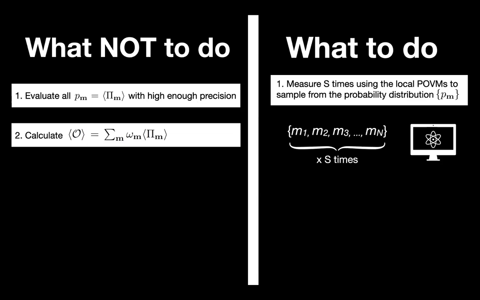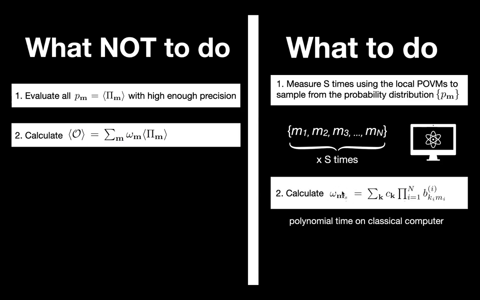On the other hand, what we are proposing is sampling the probability distributions by measuring through the effects using the local POVMs, repeating these measurements S times, and then calculating the coefficients omega m, where these m's are the values that we measured when sampling.